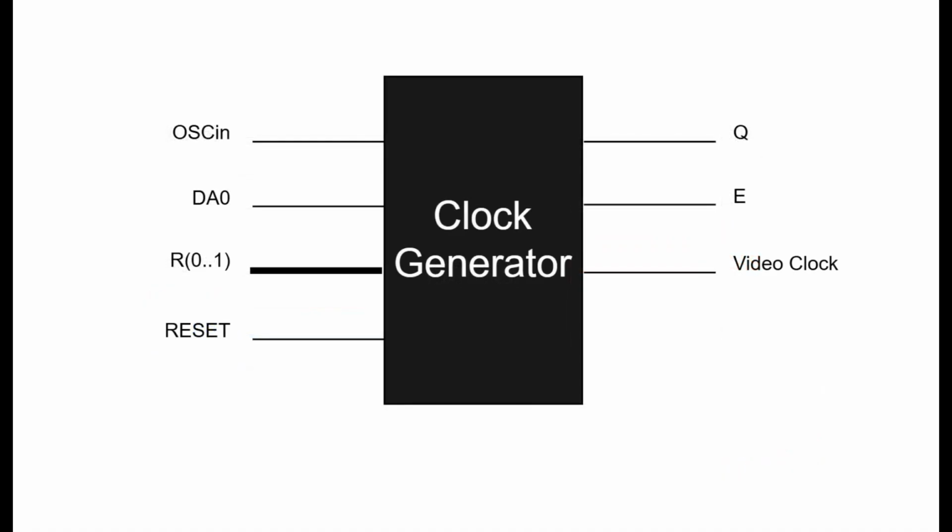Internally, let's start with a clock generator. It has just 4 inputs: oscillator in, DA0, clock speed register, R, and reset, plus 3 outputs: the 2 quadrature clock signals and the video clock. It converts the 14 MHz input clock into the 0.9 MHz quadrature clock and 3.6 MHz video clock.